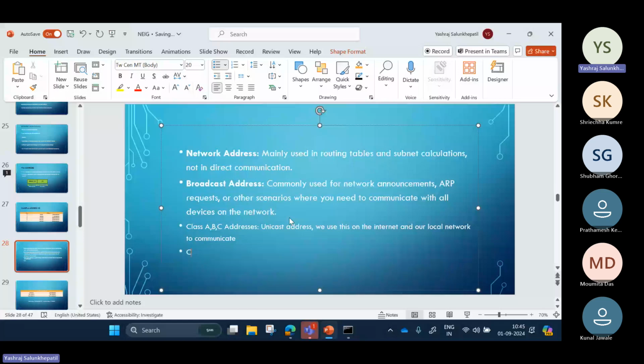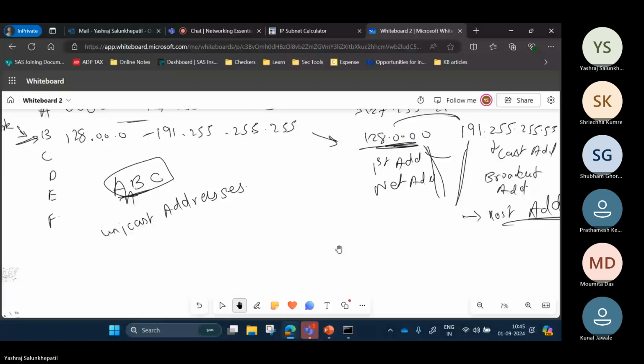Then class D addresses are called multicast. Multicast is when we have one server that sends out a stream of info and there are a lot of devices on the network that can listen to it. The example I showed, FM radio, is a multicast address.